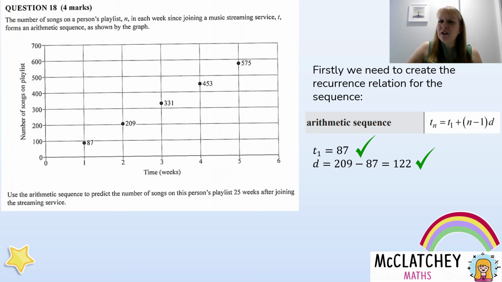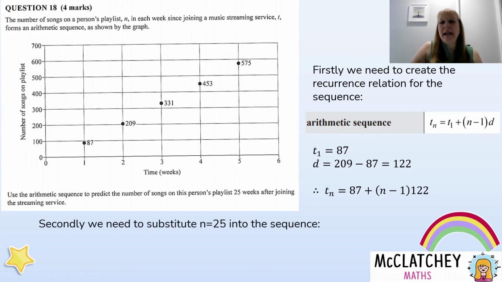Now we need to pull this together and make our recurrence relation. We're going to substitute this information into our sequence formula. So Tn is going to be equal to 87 plus n minus 1 multiplied by 122. Let's now substitute n equals 25 into the sequence. T25 will equal 87 plus 25 minus 1 multiplied by 122, and we know 25 subtracting 1 is equal to 24.